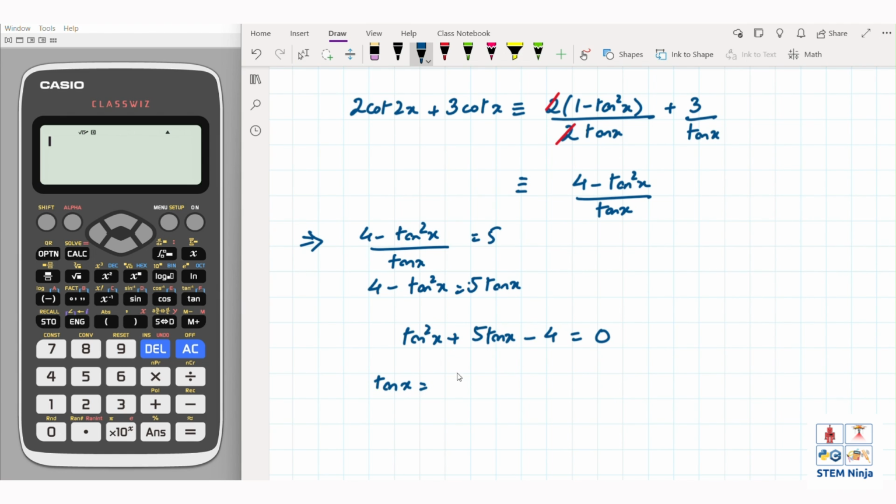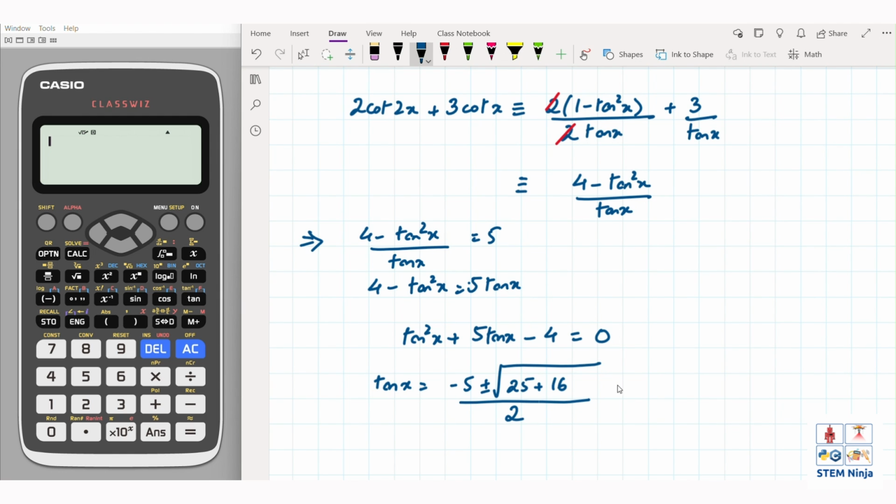So tan x would be equal to minus b plus minus root b squared minus 4ac, over 2a. So 4 times 4, 16 plus 16.